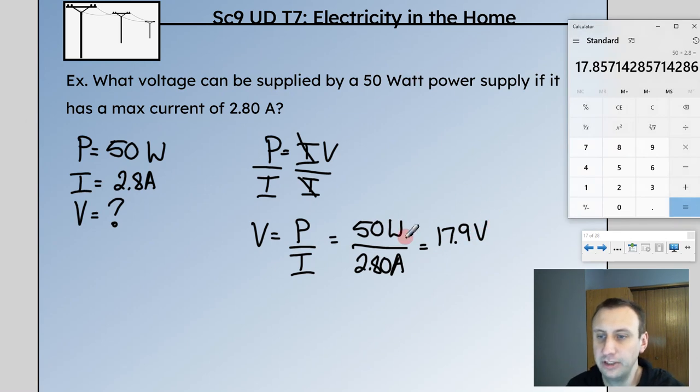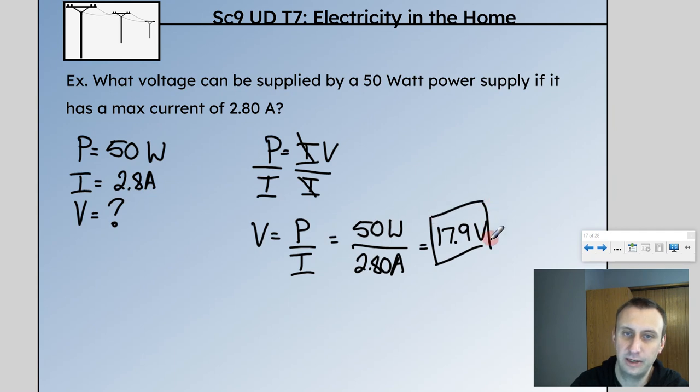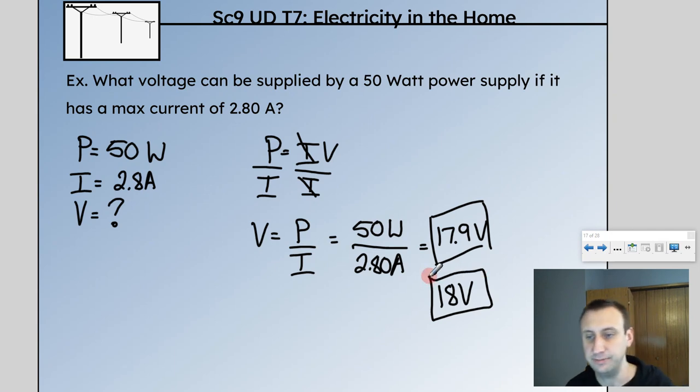A little bit of rounding here because I'm going to cut it off at the tenth, might as well. The number after the 8 is a 5, so that rounds up to a 9. So 17.9 volts is the voltage that is coming out of that power supply, or you could say 18 volts. That's great. Probably better to just say 18. But of course, I'm not picky with how many decimal places you use for these. But yeah, that's the answer right there.